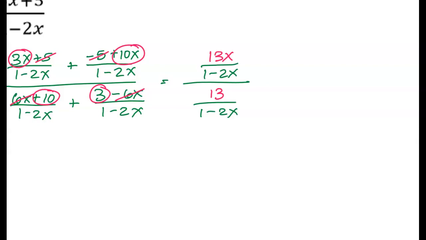Good. So what we need to do is multiply the numerator, which is 13x over 1 minus 2x, by the reciprocal of the denominator, 1 minus 2x over 13.